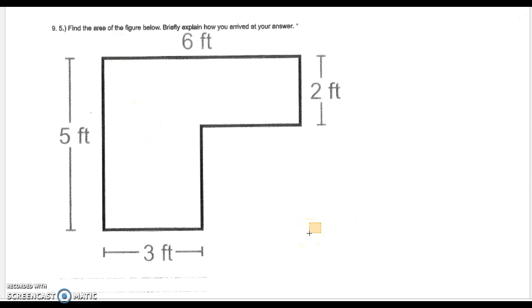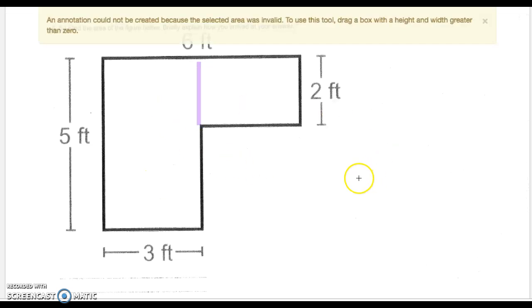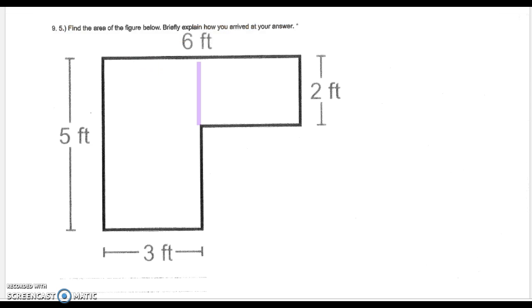It doesn't really have a known shape just by looking at it, but if we cut this in half, we can cut it that way, which would give us 2 rectangles, and I'll show you both ways here.